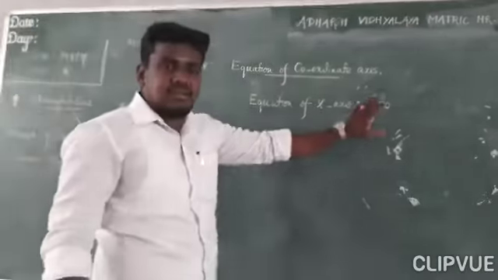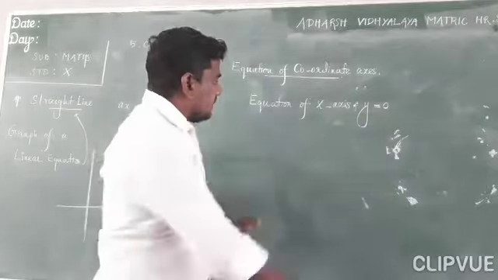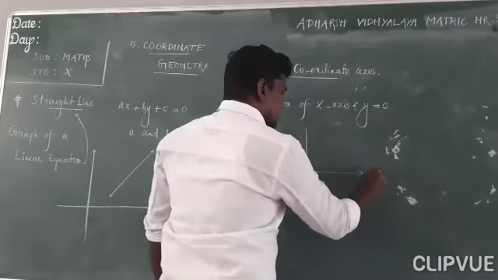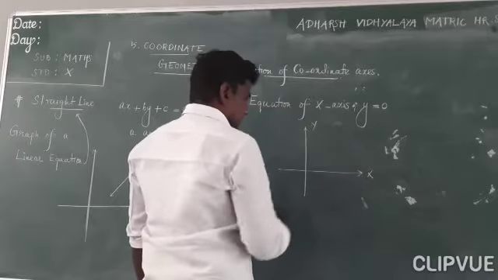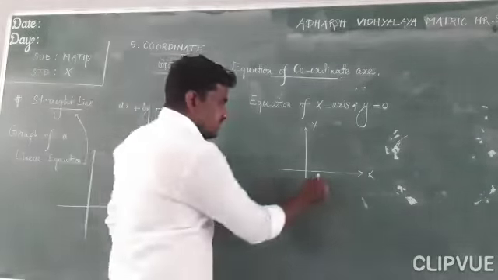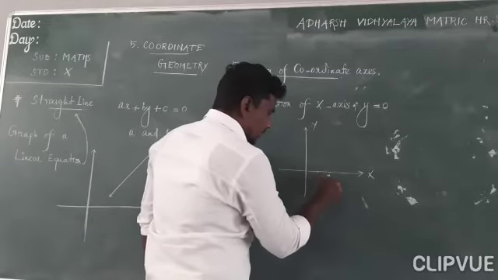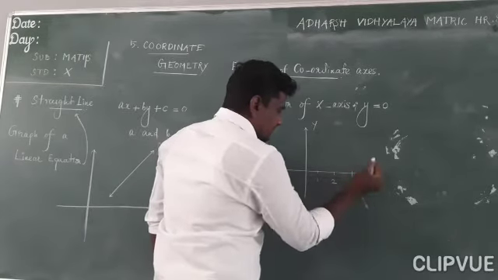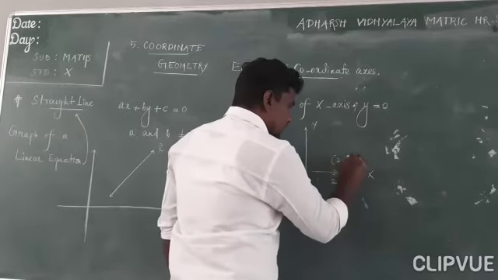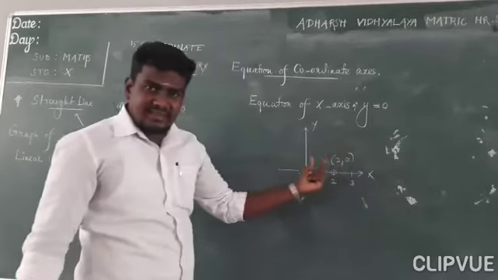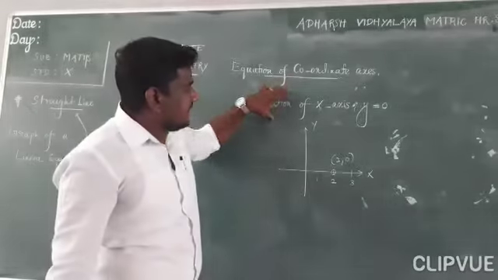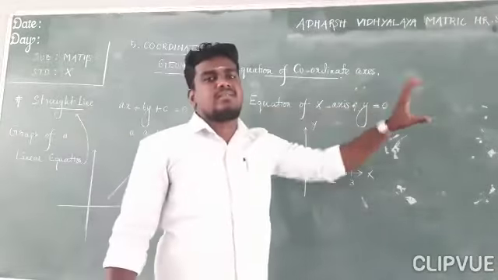Equation of x axis means the value of y is equal to 0. See, this is x, this is y. If your point lies on x axis, for example, you take this, this is 1, 2, 3. So if you take this point, it is 2, 0. The point lies on x axis, the value of y is equal to 0. That's why we take the equation of x axis as always y is equal to 0.